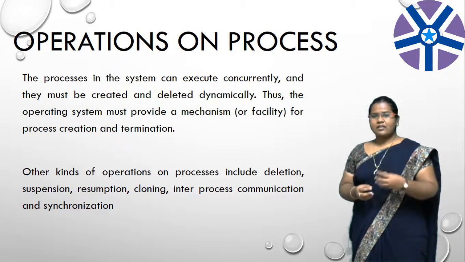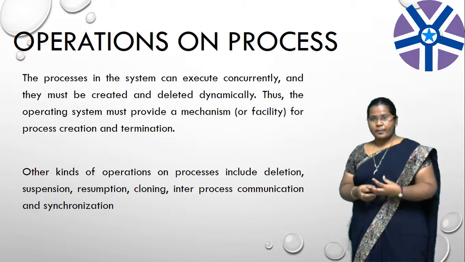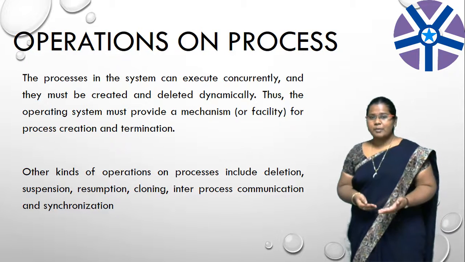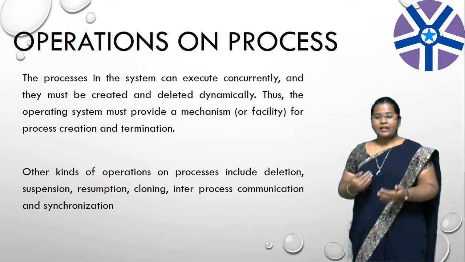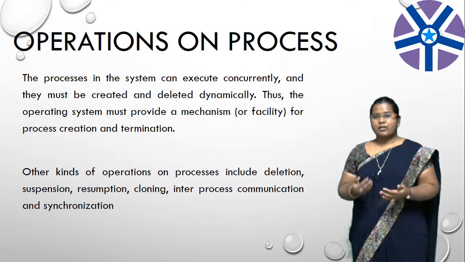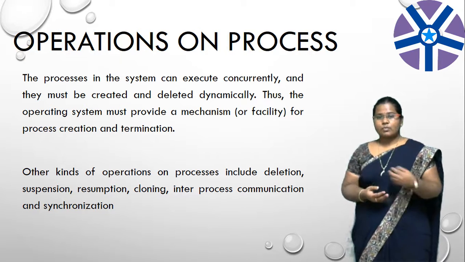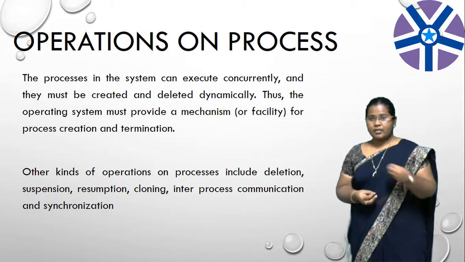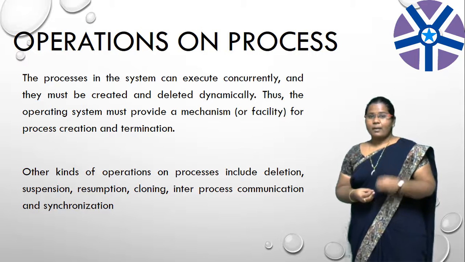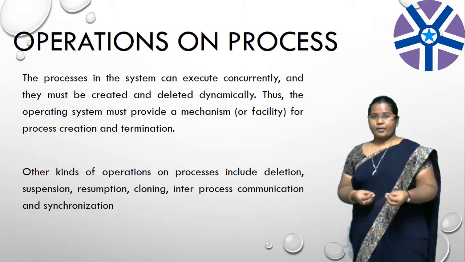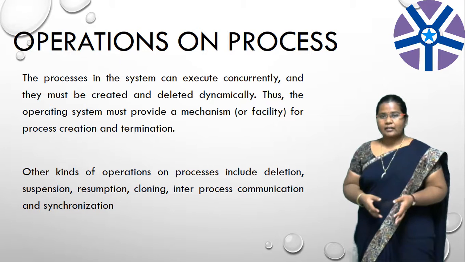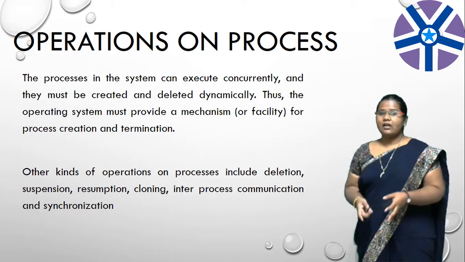So these two are considered the main operations on a process, whereas there are several other operations that can be performed on a process, like deleting a process or suspending a process when it requires an IO operation, and resuming the process that has completed its IO operation. Cloning a process, that is creating the exact same copy of the process being executed in the CPU.